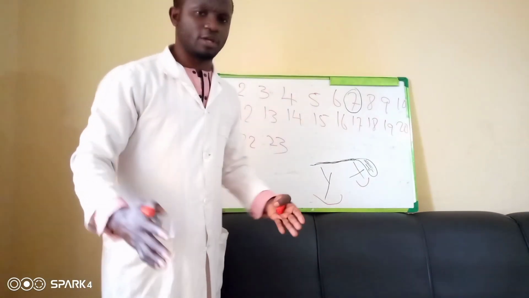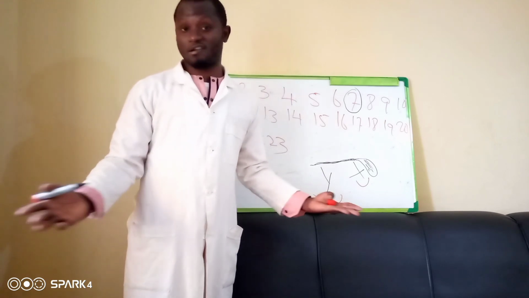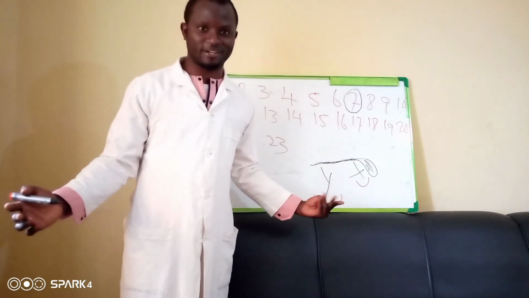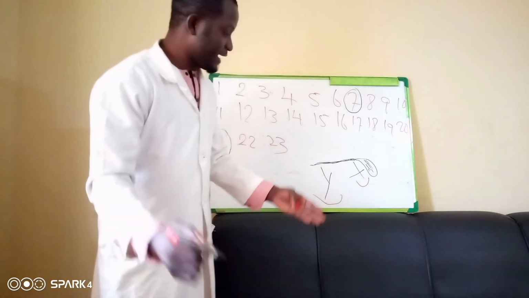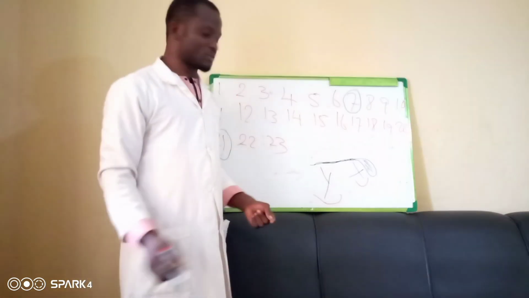Whenever you ejaculate, we have about 20 million being ejaculated into the female genital tract, or into the vagina. Within that, you have X chromosomes, you have Y chromosomes.